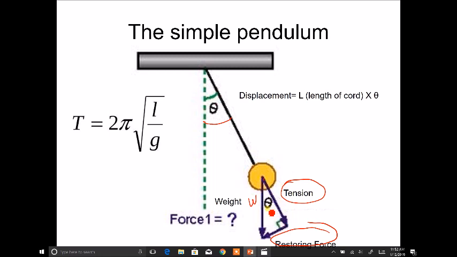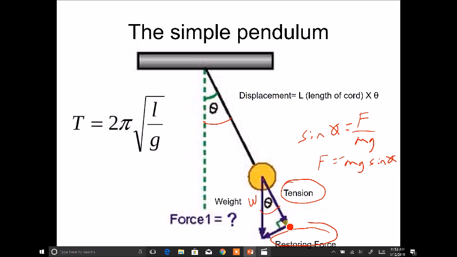To solve for the restoring force component, we could use sine. The sine of our angle theta is equal to the opposite side, which is the restoring force, over the hypotenuse, which is the weight, mg. So the restoring force is equal to mg sine theta. And remember, that's always back toward the equilibrium position. That's why we saw the negative sign in the equation a minute ago.